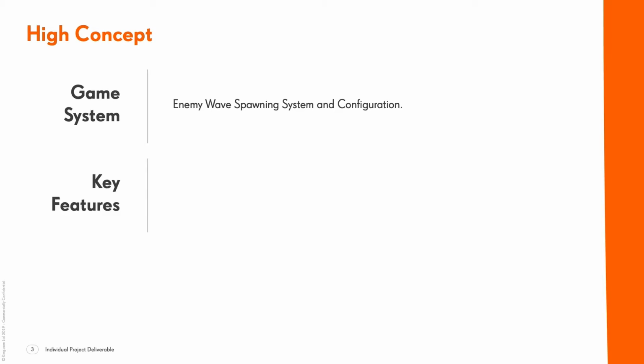It was very key for this system to have a highly flexible wave manager that a designer could just drag and drop in and configure the amount of time between each wave, the specific enemies to be spawned in the waves, the location of where those spawns are, etc.